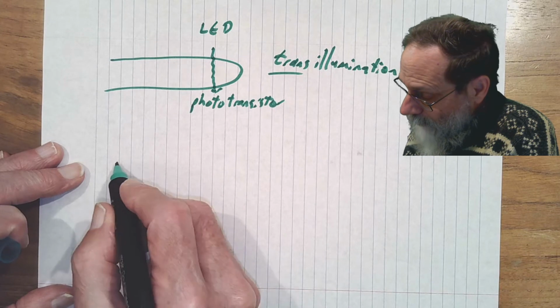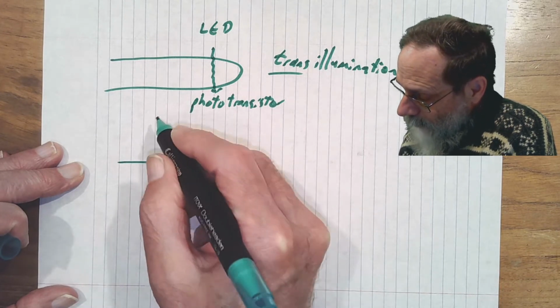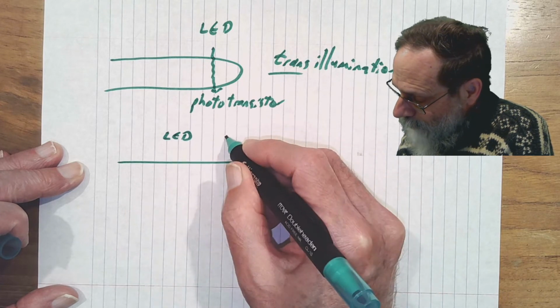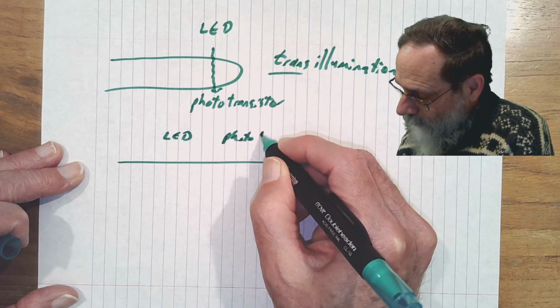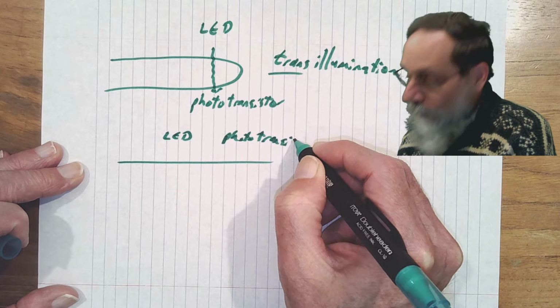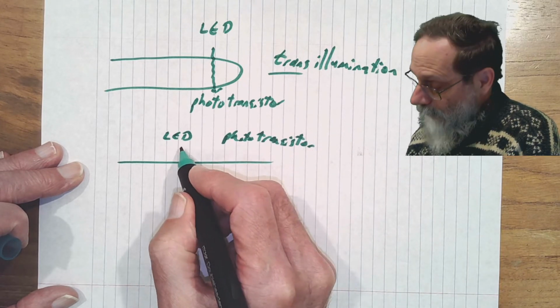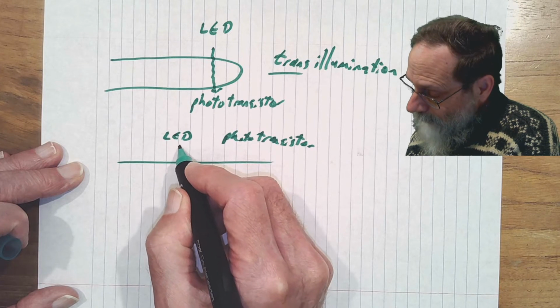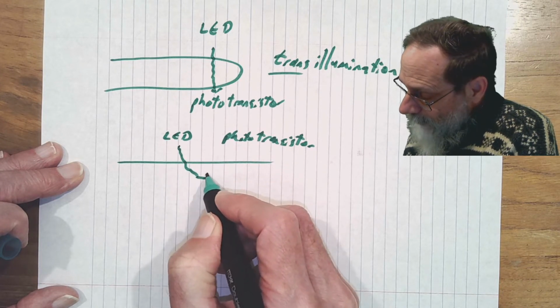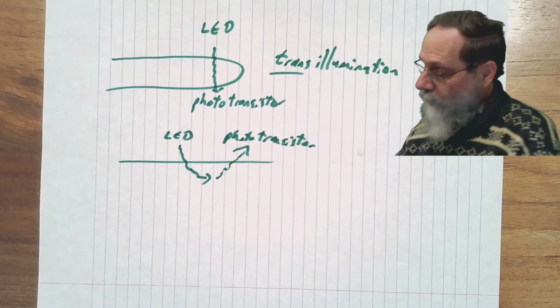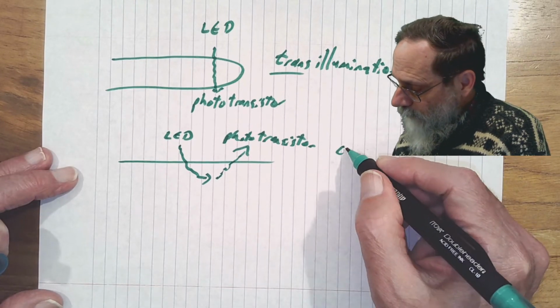So what you have is the wrist, and then you have the LED and the phototransistor, or whatever the photodetector is. It may be a photodiode or anything that's sensitive enough. And what you do is you send the light in, and you get it scattered back to the phototransistor. And this is known as cis illumination.